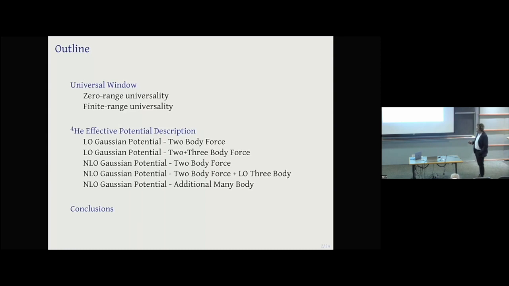And then I will try to understand how this finite range can work, or does work, in the case of helium-4. I want to construct a kind of potential description, mostly inspired by effective field theory, and I will try to understand how to construct it and if it works.